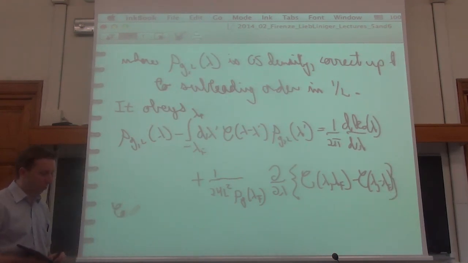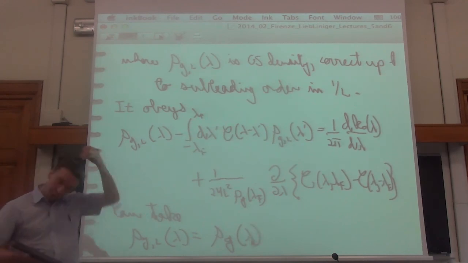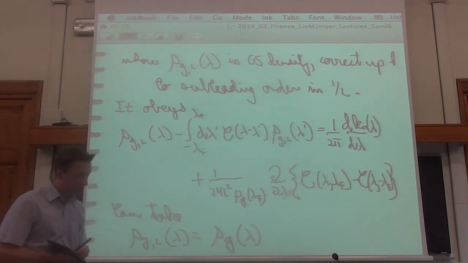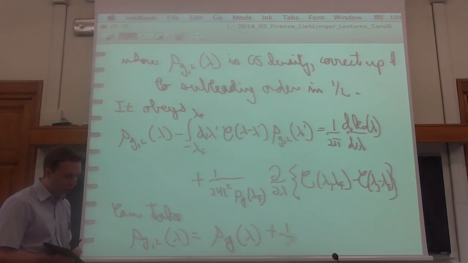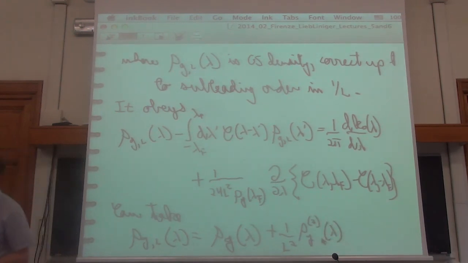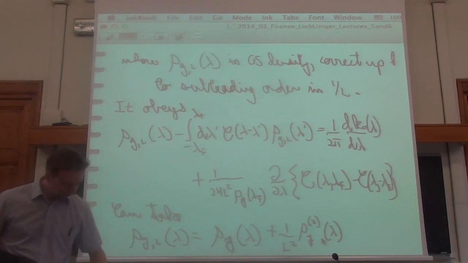So what we can do is write an expansion. So we can take rho g L of lambda is equal to rho g of lambda, where this is just the one that you compute with the thermodynamic limit, plus 1 over L squared, let's write it rho g2 of lambda. Okay? We're almost there.